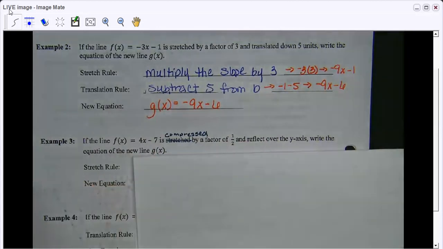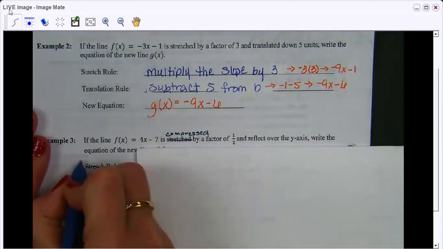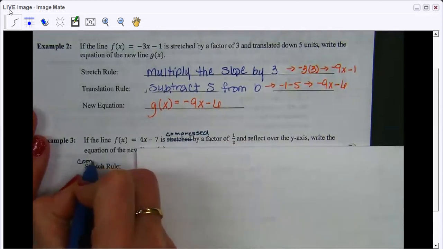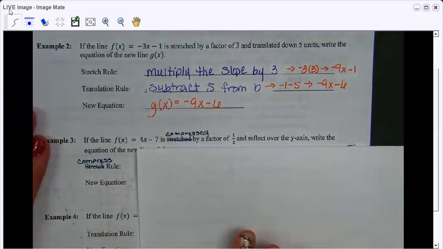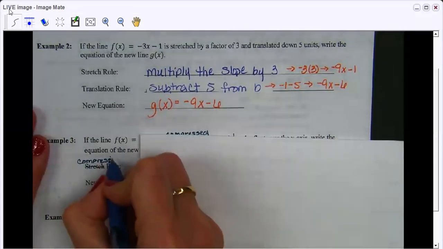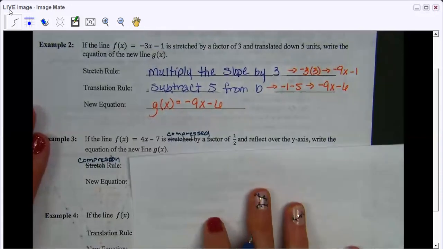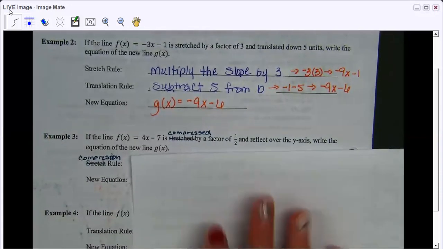Oh yeah, then this would be the compression rule. Thank you for that.